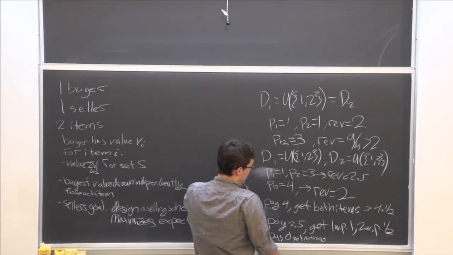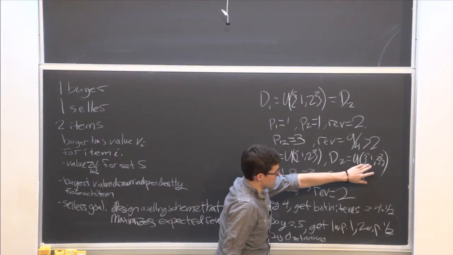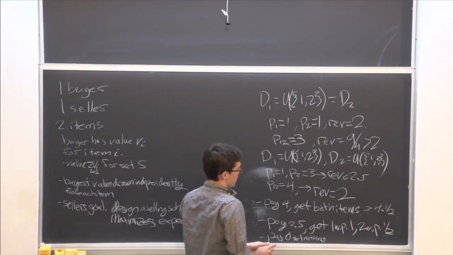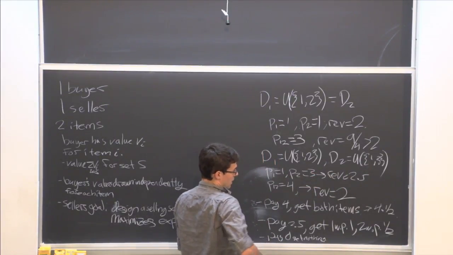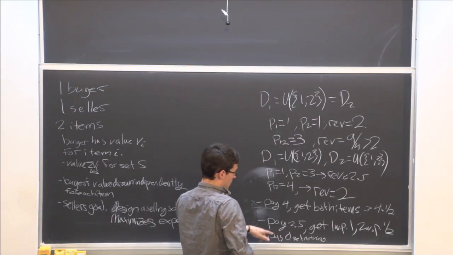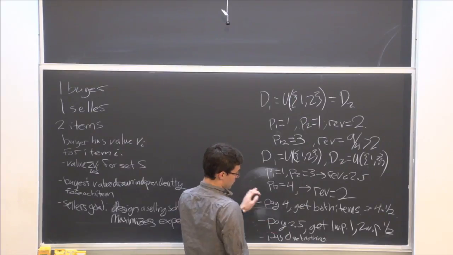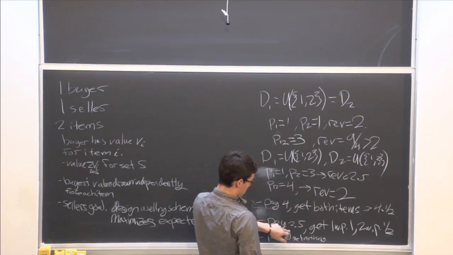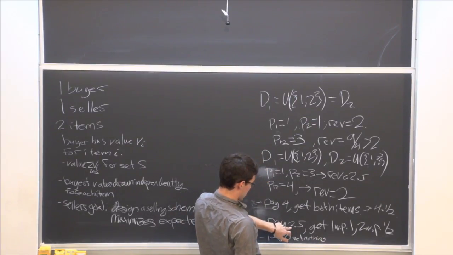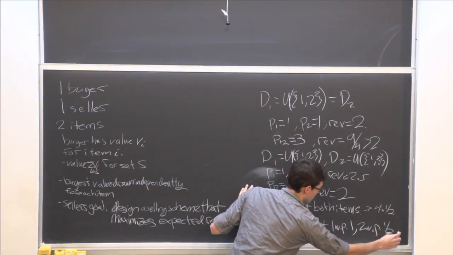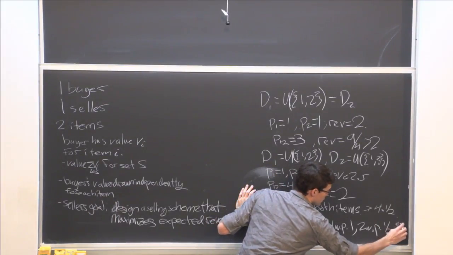And whenever your value for item 2 is 1, but your value for item 1 is 2, then you would choose to buy the second option instead of getting nothing. So this would give you an additional, whatever 2.5 divided by 4 is, you get like 5/8.